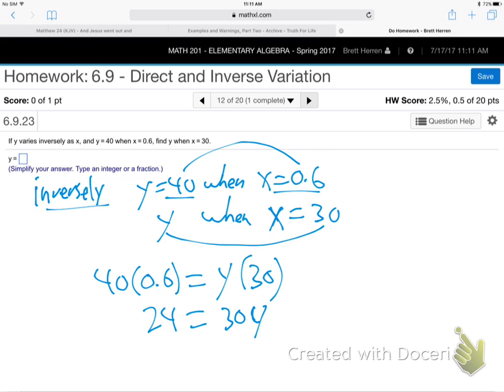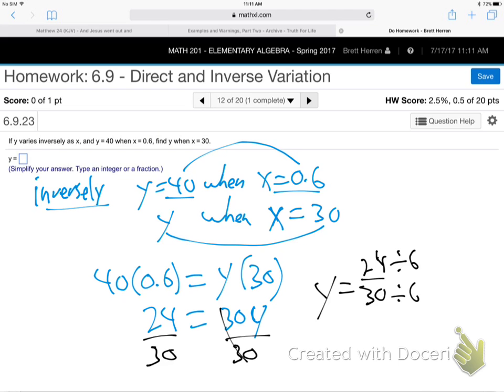What do you have to do to get y alone? Just divide by that 30. Boom. So y is 24 over 30. I'm sure they want me to reduce that. Divide by 6, top and bottom. What is that? 4/5. And we're done.